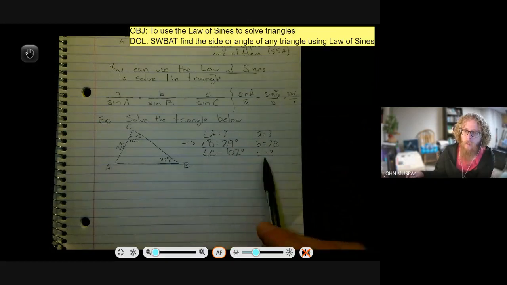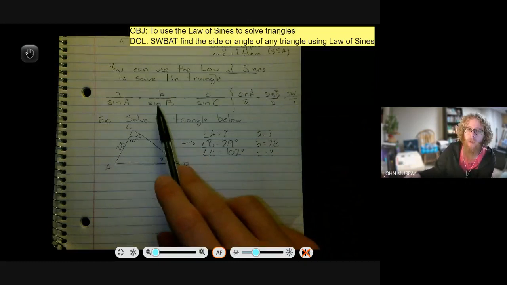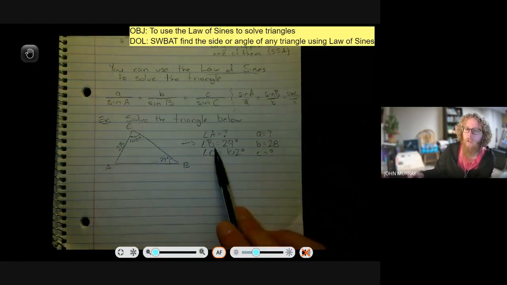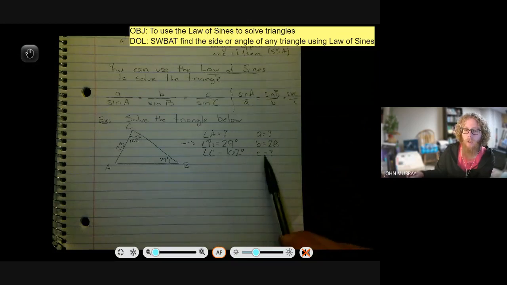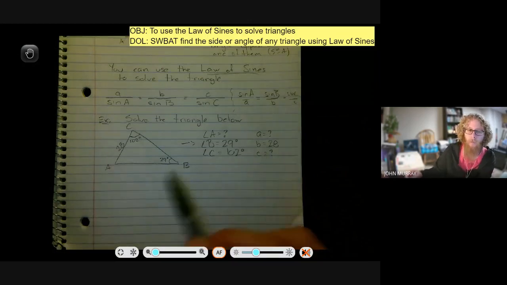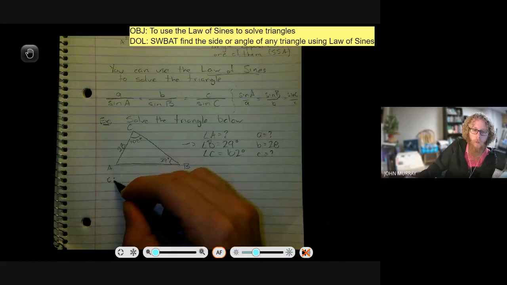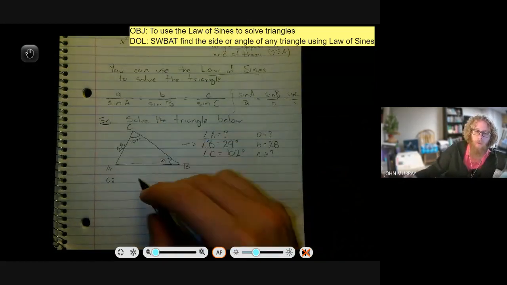I can set up my law of sines using the B and the C portion, because I have both parts of B, I have the angle of C, and I'm looking for the side of C, so a lowercase c.